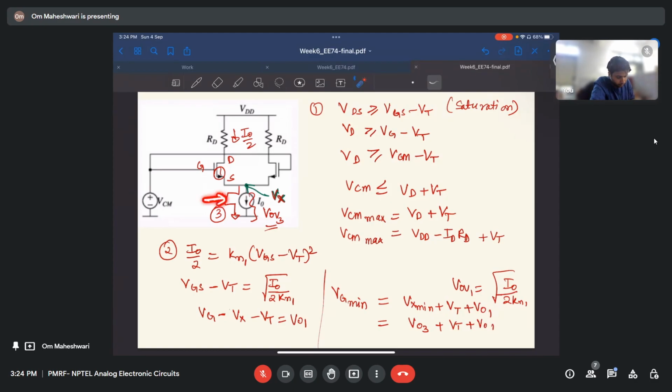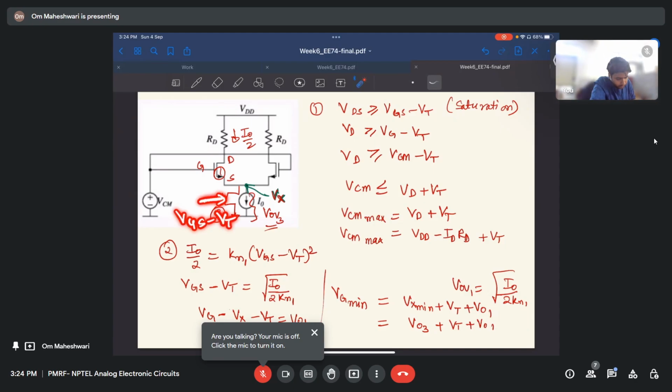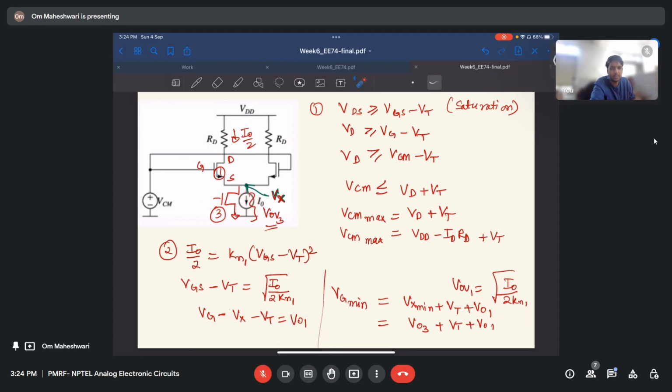This overdrive is VGS minus VT. For this transistor, the VG is in my control. This is the current source, and I can apply whatever VG I want. So I should apply VG such that this voltage drop is minimum to get the minimum condition here. That is why I had written Vx min here.